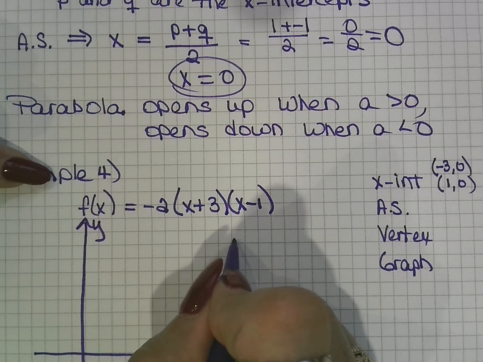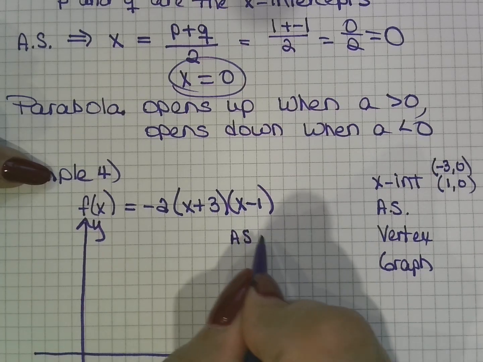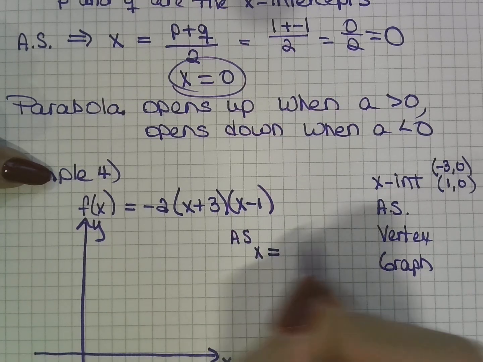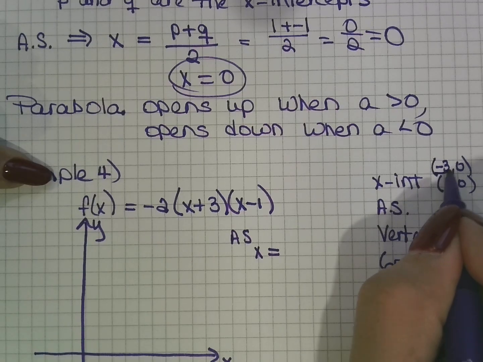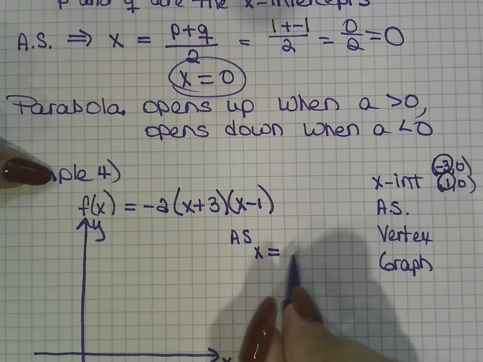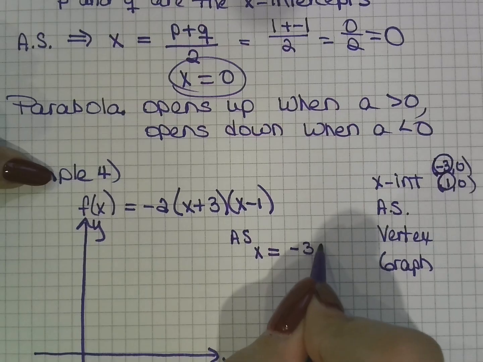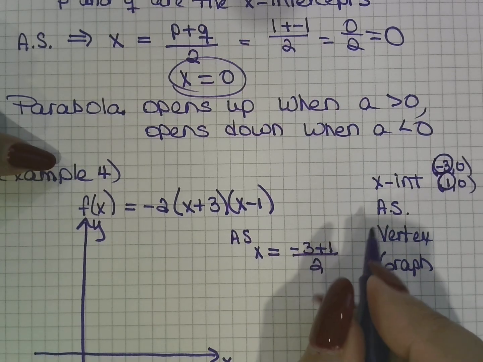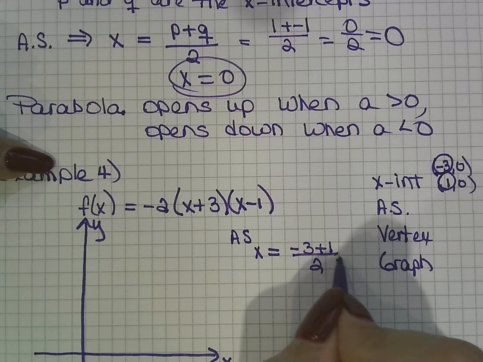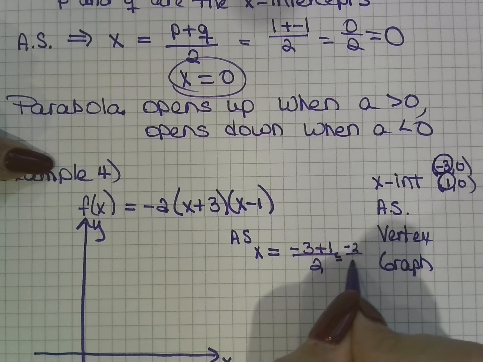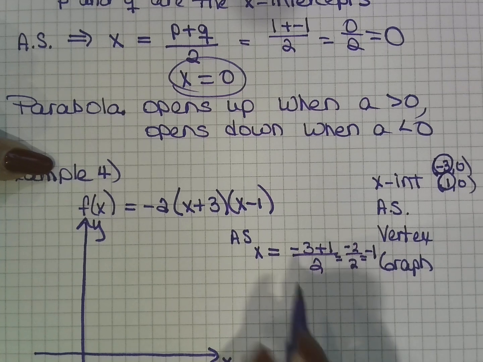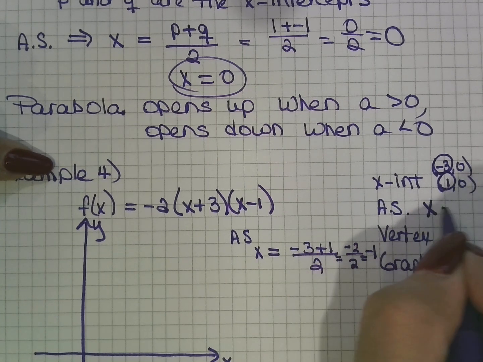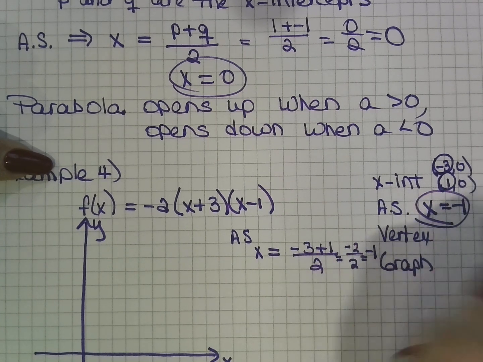Let's find the axis of symmetry. The axis of symmetry is x equals, this one can be P and that one can be Q, it doesn't really matter, negative 3 plus 1 over 2, and that's going to give me negative 2 over 2, which is just negative 1. So the axis of symmetry is at x equals negative 1.